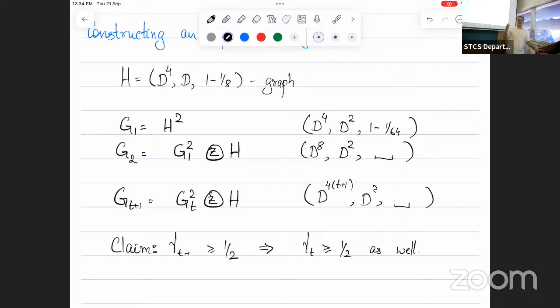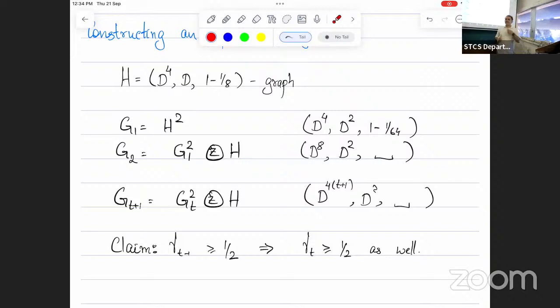And I want to claim that something is at least a half. In general, G_t will have d power 4t vertices. So G_t squared will again have d power 4t vertices, but now degree d power 4. And when I take a zigzag with H, I will have d power 4t times d power 4 as the new number of vertices. The degree will now become the degree of H squared, which is d squared. Slightly increasing the number of vertices every time, by d power 4.